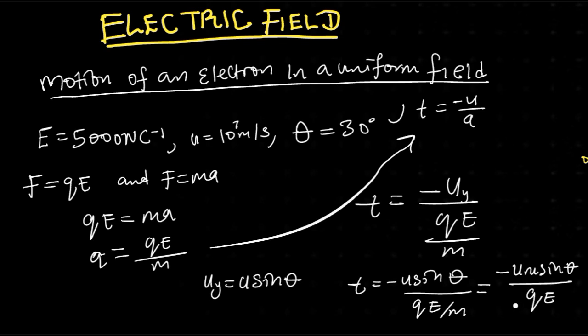Are we together now? Alright, so if we know this very carefully, we can thereby go to the equation. So let me write it out here, that t is equal to minus m u sine theta all over QE.